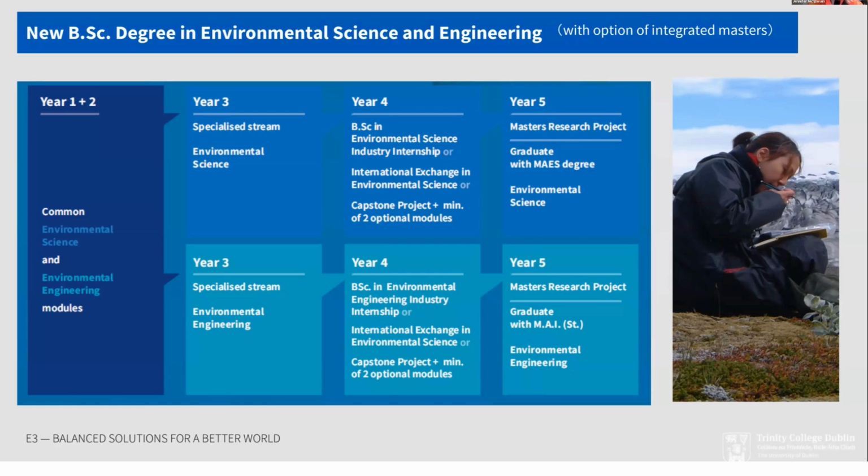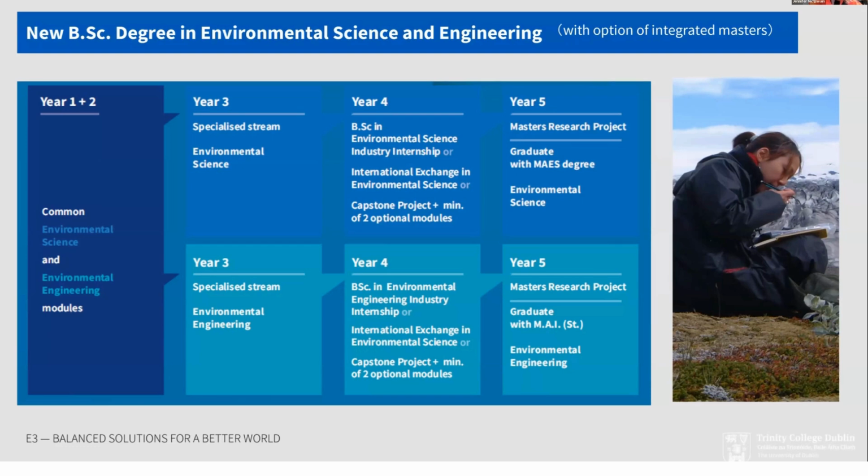Year 4, what's novel about the course is that for the whole second semester, you have an opportunity to do an industry placement, most likely nationally in Ireland, but it can be international, with one of Trinity's many international partners within or outside Europe. So that would be the second semester of year 4.